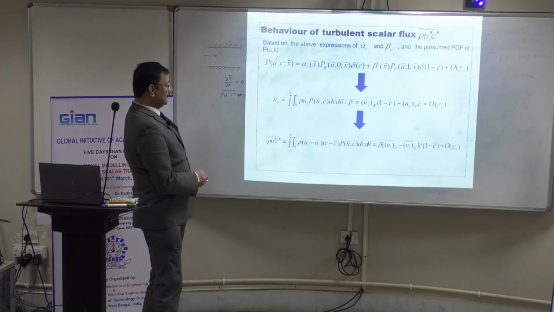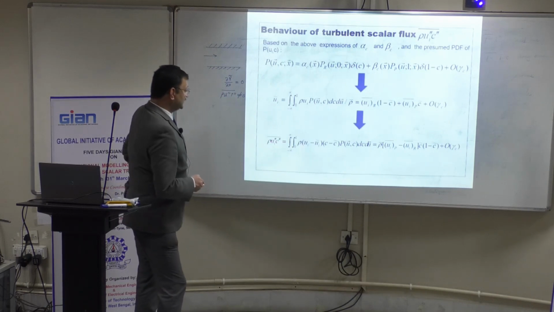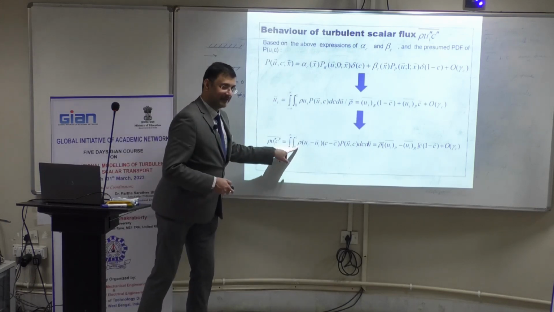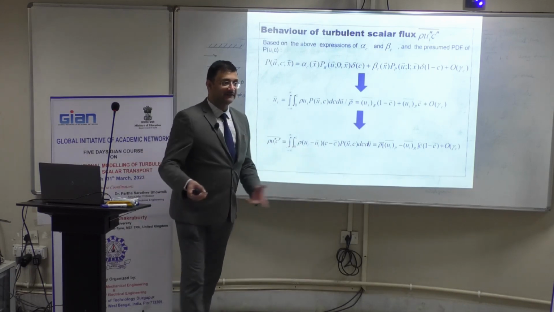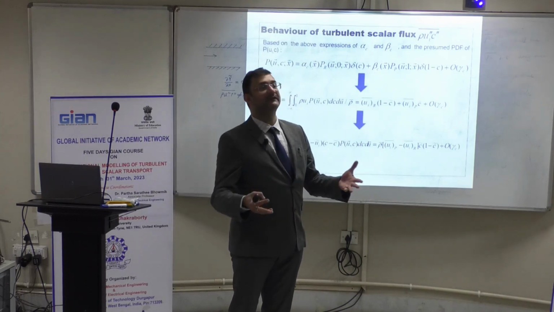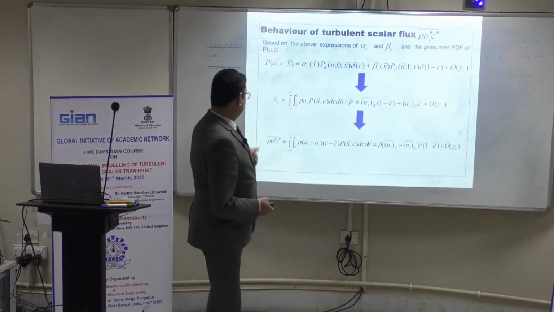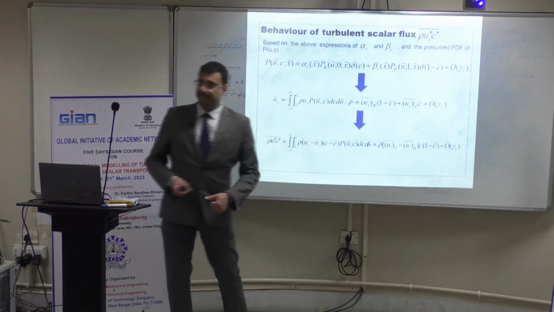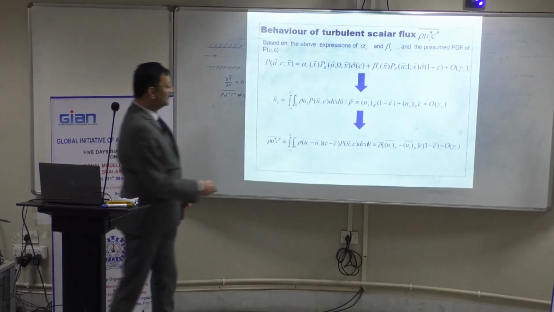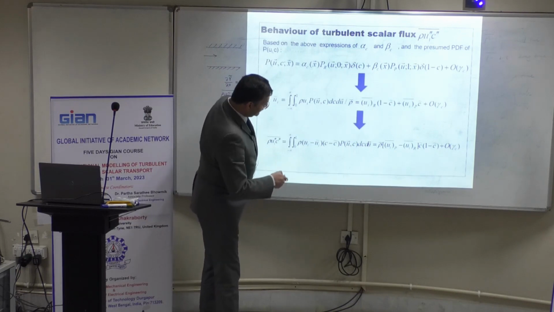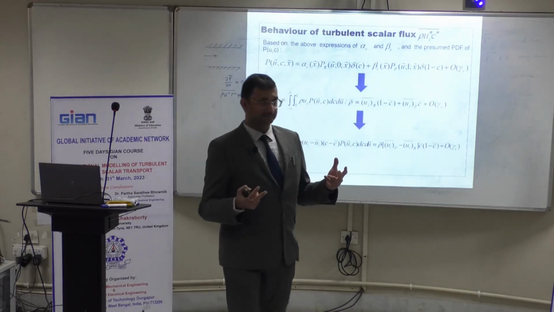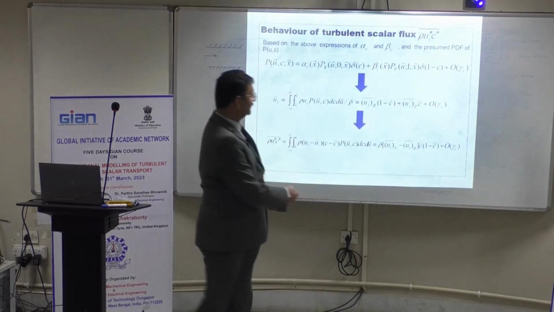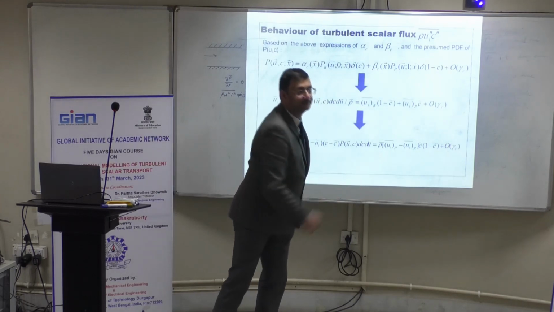And using the same methodology, now I can write this expression, C, rho is kept as rho, Ui double prime is Ui minus Ui tilde by definition, from the Favre decomposition. C double prime is C minus C tilde by definition. And then I've essentially talked about having the joint PDF as a function of two independent quantities, C and U. That's what I'm doing. And if you carry it out, you will end up with this expression.